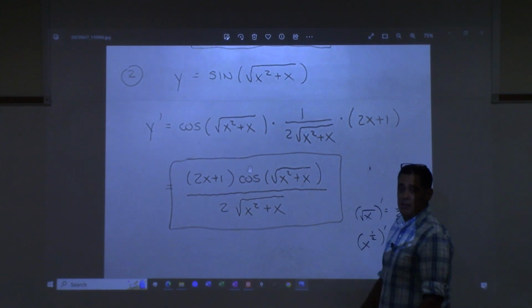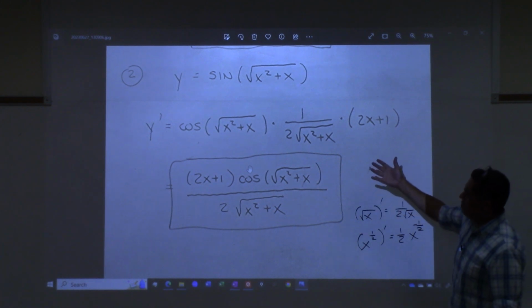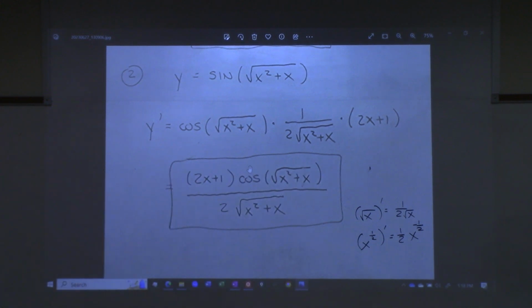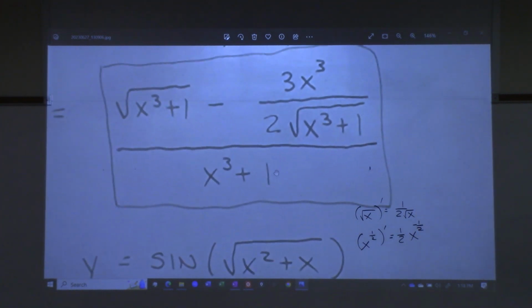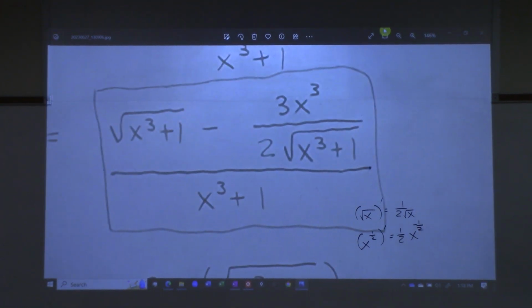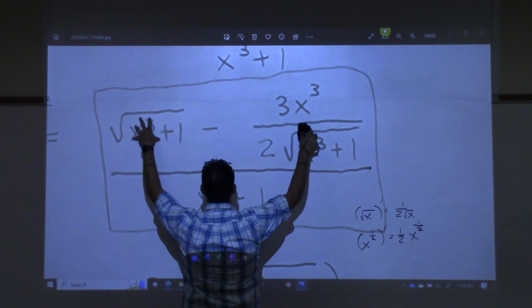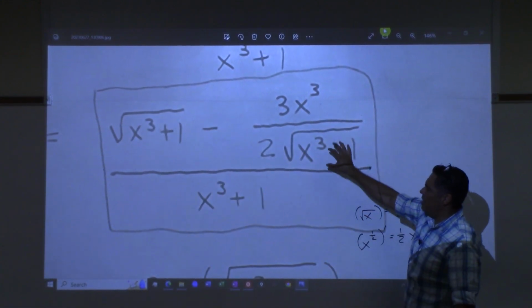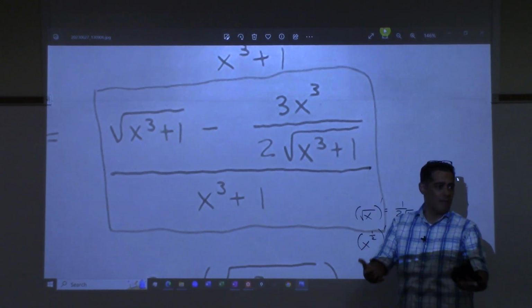I personally don't care as long as it's right. Imagine that we had to take this, because this will be coming. What if we had to set that equal to 0 and solve? One of the first things you would do is put these two fractions together with a common denominator. If I had rational exponents, I'd have things raised to the half power or negative 1/2, and I'm not sure how comfortable you'll be with that.